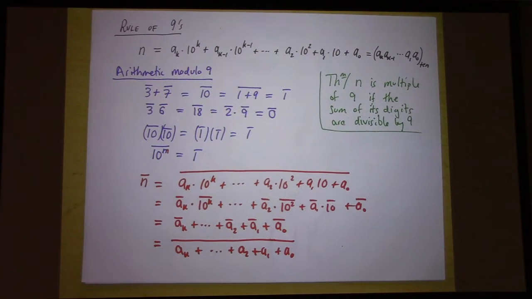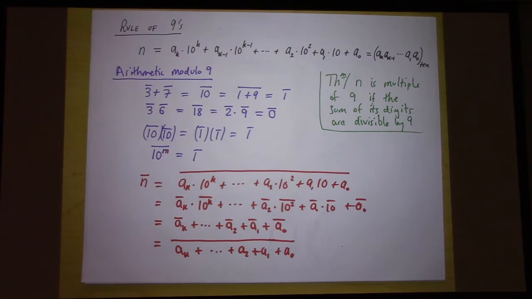And this algebra I'm showing you on this page proves that. Because to say that a number mod 9 is 0 is to say it's divisible by 9, actually.